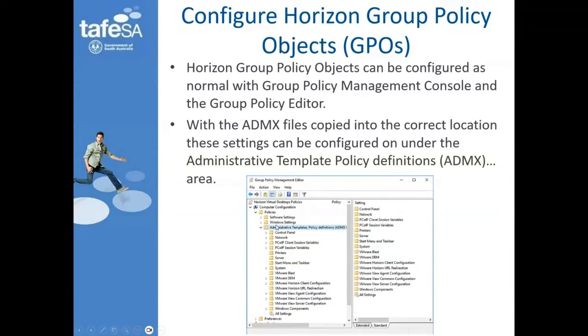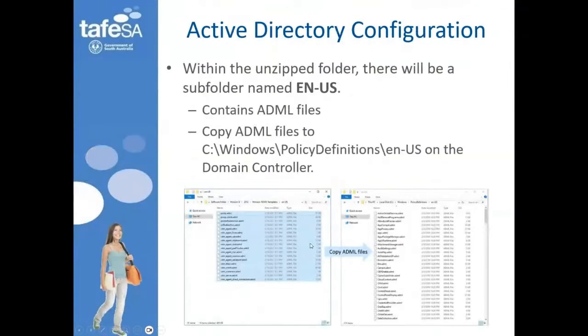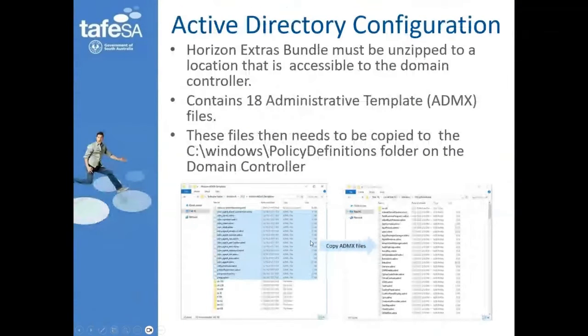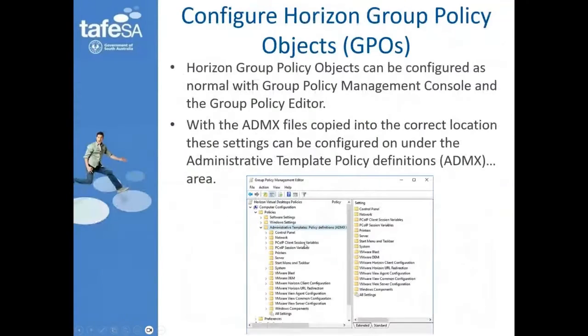You'll notice that under the administrative templates area, after we add those ADML and ADMX files, you'll see that besides what we normally have, which is control panel, networking, and other things, there are some things like PC over IP, VMware Blast, VMware DEM, Horizon Client Configuration, and all these things with VMware.